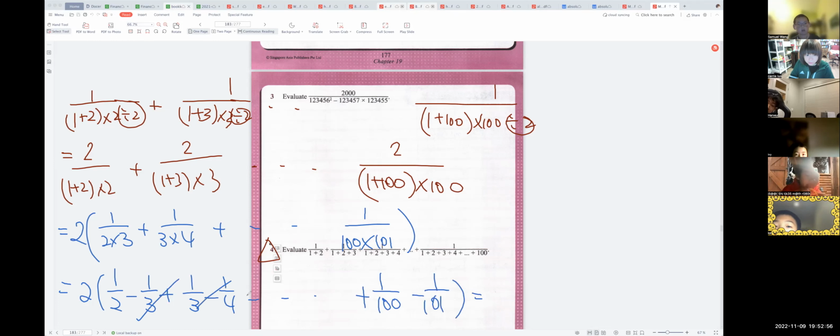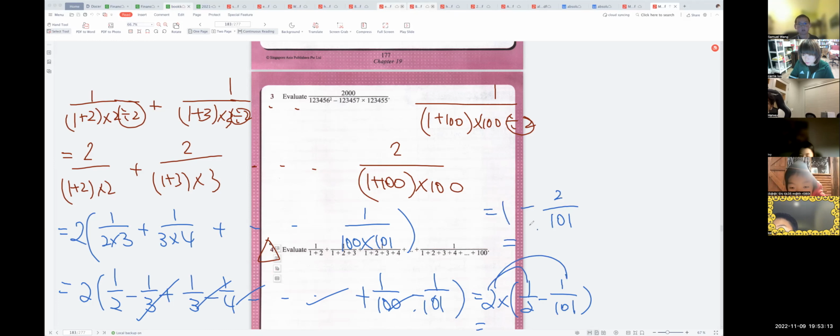Okay, so this one gone. So 2 times half minus 1 over 101. So 2 times half equals 1, 2 times 1 over 101 equals 2 over 101. So the answer is 99 over 101.